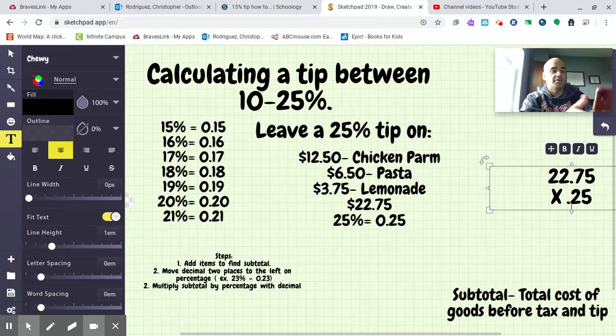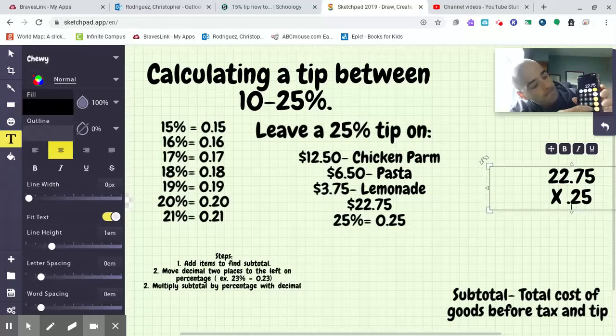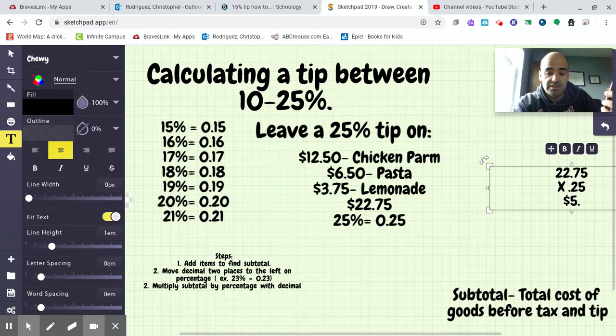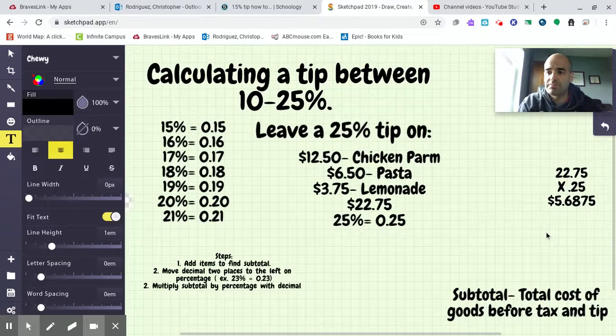So in our calculators, here's my previous answer. $22.75 times 0.25 equals, it's a big number. Let's figure out what it comes out as. So this is money, but we'll start it off as 5.6875.